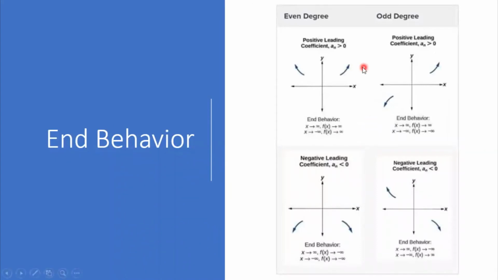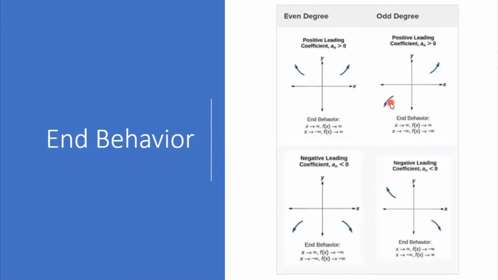So here is a summary. It's a mnemonic device. So for example, even degree and the leading coefficient is positive, which is greater than 0. So the graph starts here from northwest going to northeast. If it has a negative leading coefficient and the degree is still even, then it starts from southwest going to southeast.